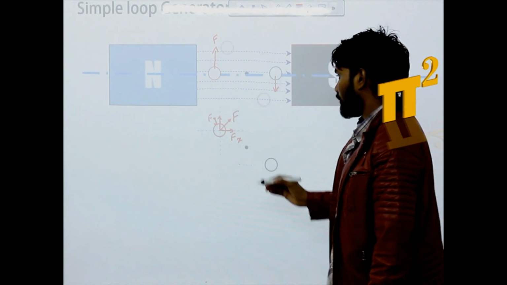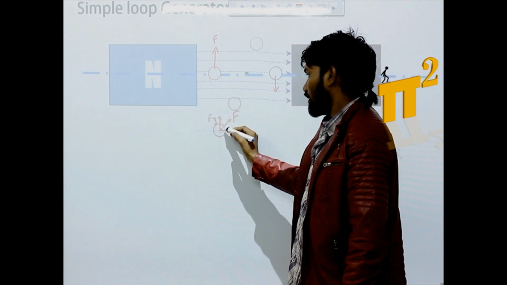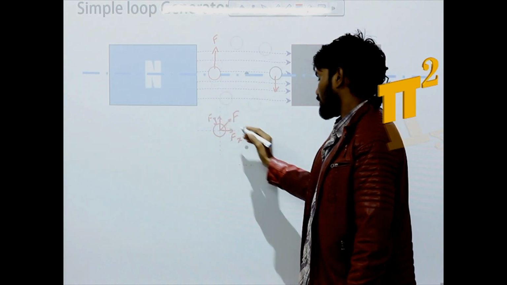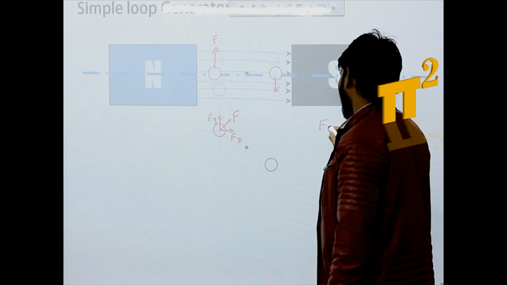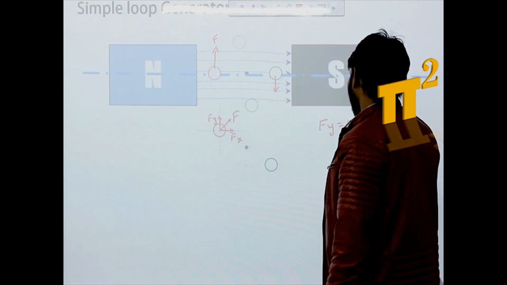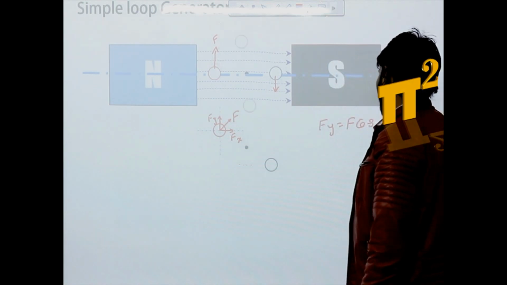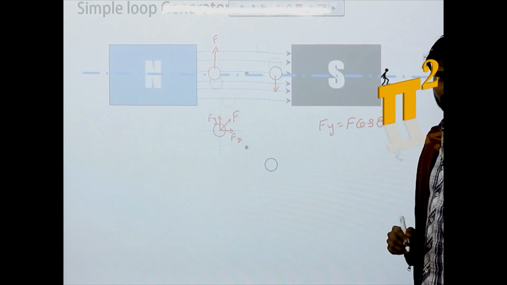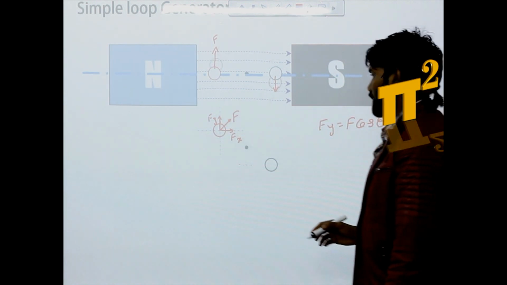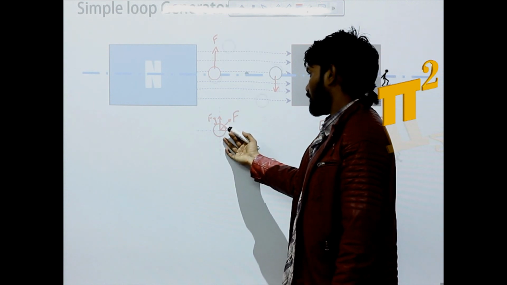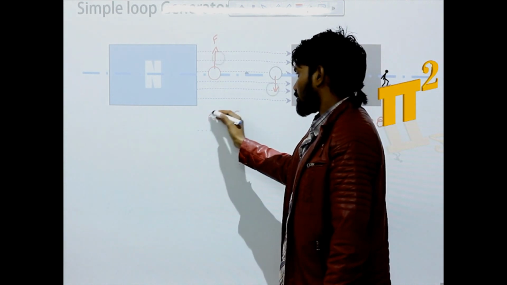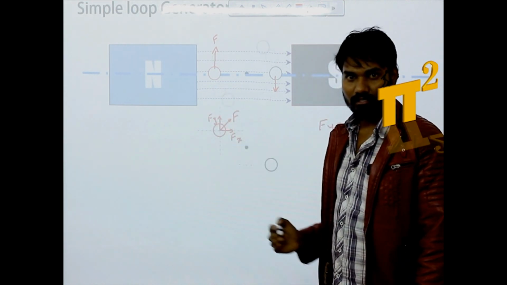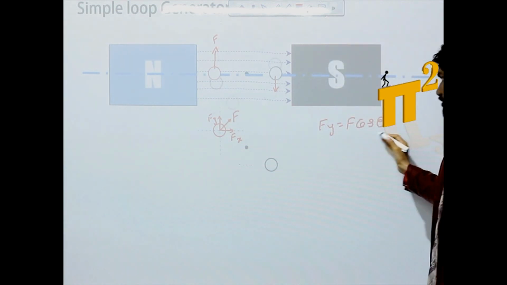Now, what is the relation between F and Fy? Because we know this angle is theta, Fy is equal to F cos theta. Means after 45 degrees rotation, the y-axis force is reduced a bit from this relation.